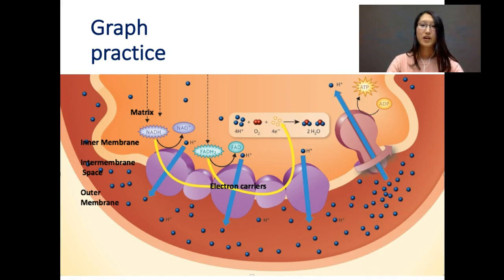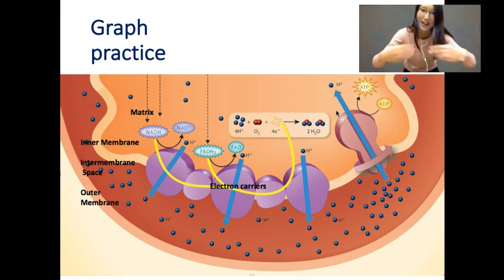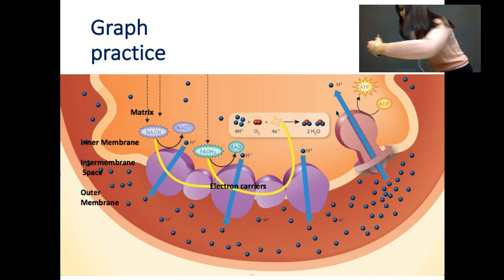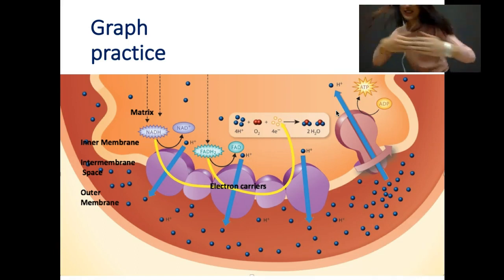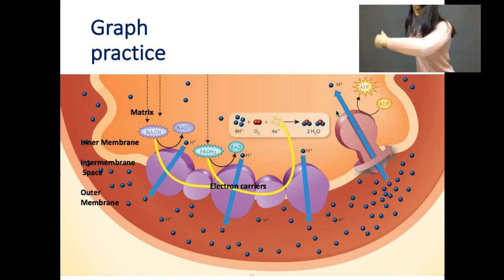Chemiosmosis allows hydrogen to pass from the intermembrane space to the matrix. As you can see, intermembrane space to the matrix, okay? Because hydrogen wants to go from high to low, as we talked about in photosynthesis. When the hydrogen is passing, the ATP synthase spins.